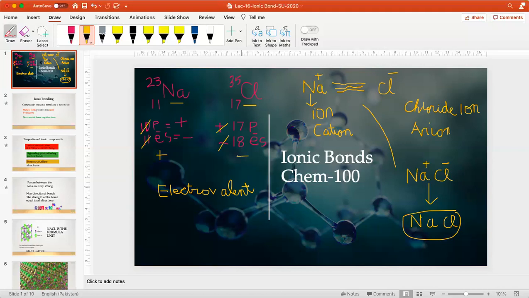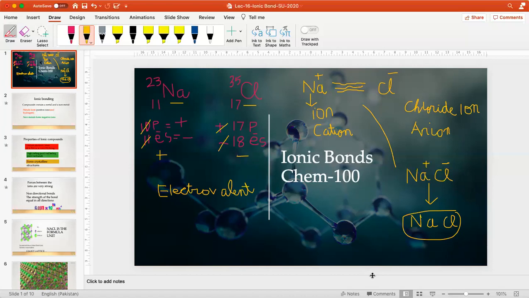It is a type of linkage which is formed from the electrostatic attraction between oppositely charged ions in a chemical compound. Okay? So why do we call it electrostatic attraction? Why do we also call it electrovalent bond? Such a bond forms when the valence outermost electrons of one atom are transferred permanently to another atom.